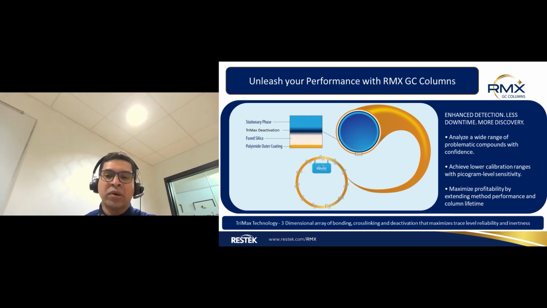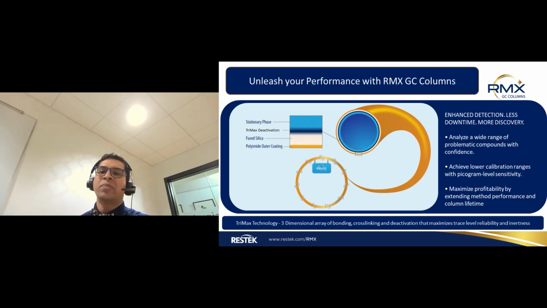And it also yields a very uniform stationary phase, which extends the lifetime and resilience of the column. As you can see, there is a gradient of that bonding, cross-linking, and deactivation layer. So it's unified and it's very useful for lower level detection. So these are all the engineering design of this innovation.